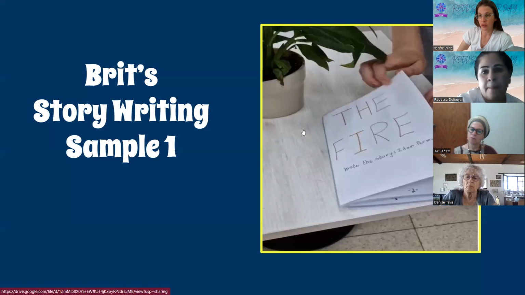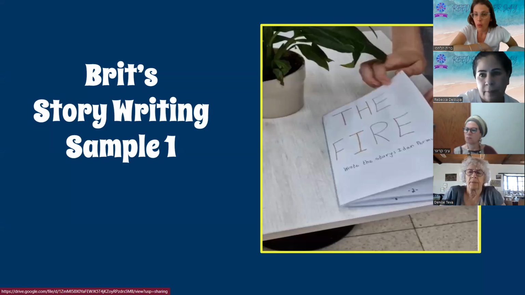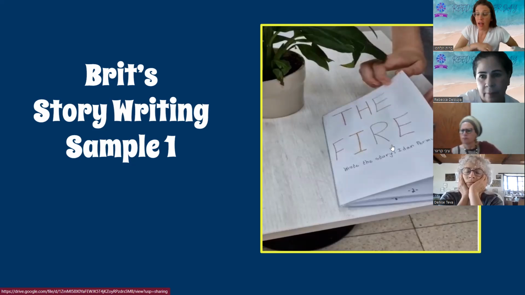I read a story to them, a short story, a children's book. And their final assessment was, now it's your turn. Write a story or draw a story or do what you can. That's your differentiated assessment, as long as they follow the structure and they use the vocabulary used from the units.